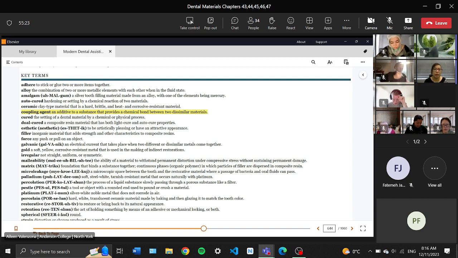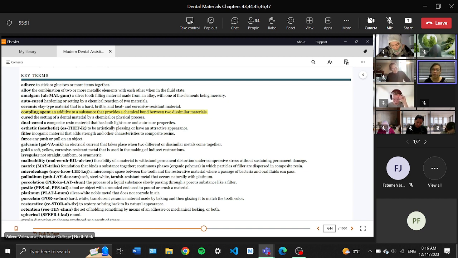Cured, the setting of the material by a chemical or physical process. When you hear the word setting, I'm also talking about hardening. If I tell you it is going to set, it is going to harden, to get hard. That is also a word that we can use in dentistry. Setting, it sets.